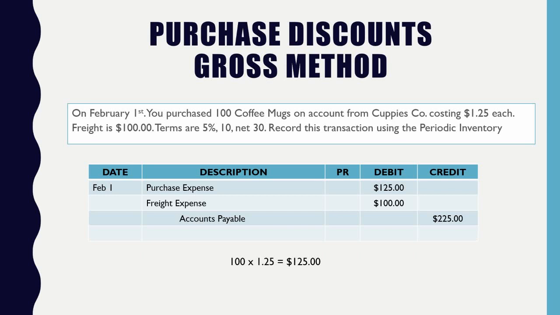The most common one is just purchase discounts, and also purchase returns, which we'll learn in the next section when we come back from the break. The main account is my purchase expense, and in order to decrease my main account, I'm going to create a contra account.